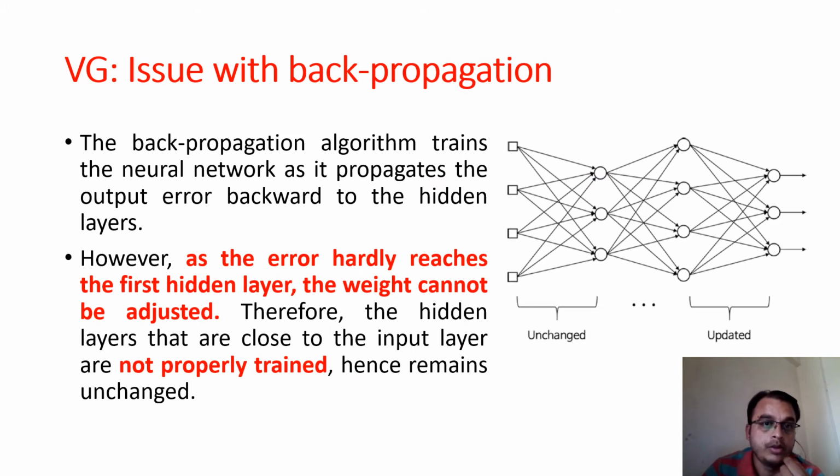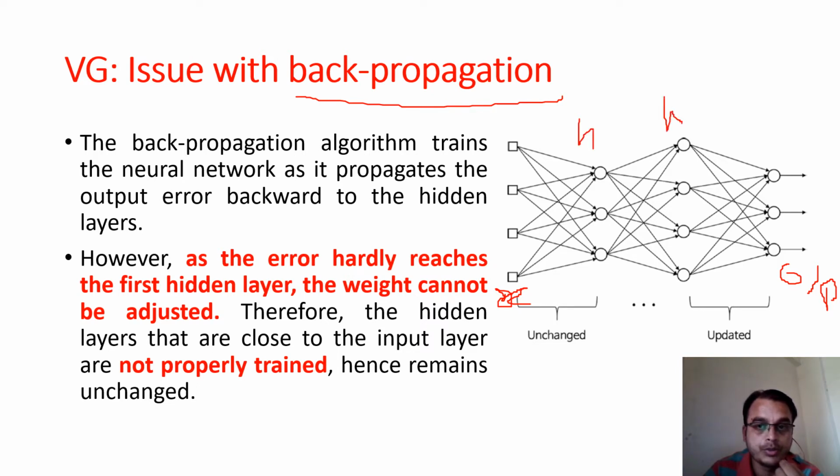Now there is also another issue with respect to the back propagation method. What do we call back propagation? This is my input x, this is my output. In order to go from input to output, there are some hidden layers, h1 and h2. According to the output, the hidden layers change their weight parameters.